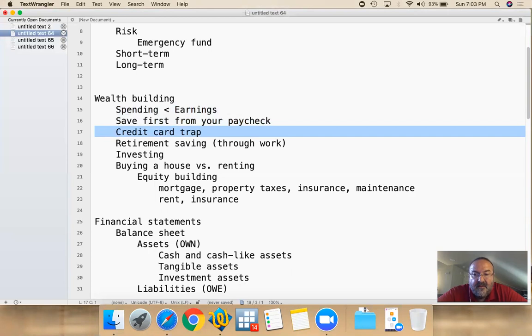So the idea from a consumer point of view, from your point of view, is if you use a credit card and you pay it within the allowed time, usually about a month, and you don't pay interest, then the financial institutions, the banks who issue the credit card, don't like you. You are not their target customer. They simply don't like you. They don't want you to use that credit card, simply.